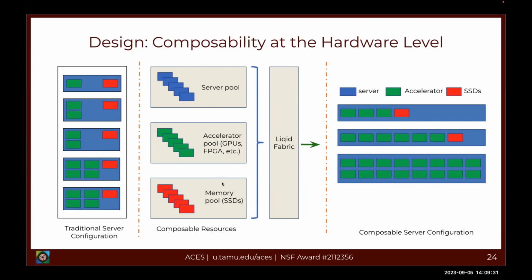However, composable clusters are able to take all of the resources available and use this liquid fabric to create a web of accelerators, SSDs, CPUs, whatever you need, and allow you to mix and match to fit your computational needs. So if you need a CPU or a GPU heavy job run, then you can request more GPUs or CPUs to fulfill that need.